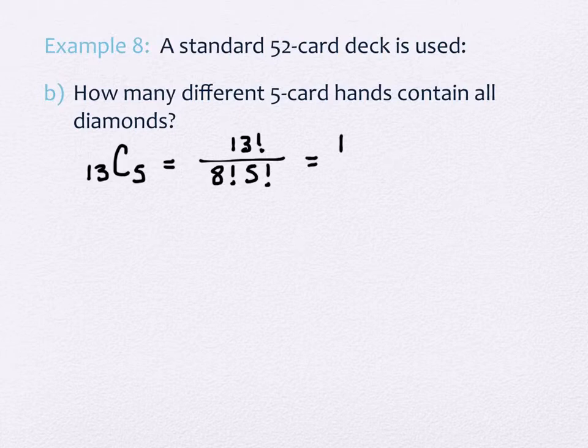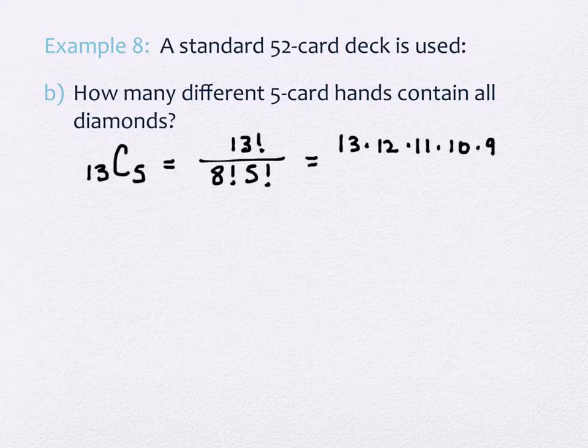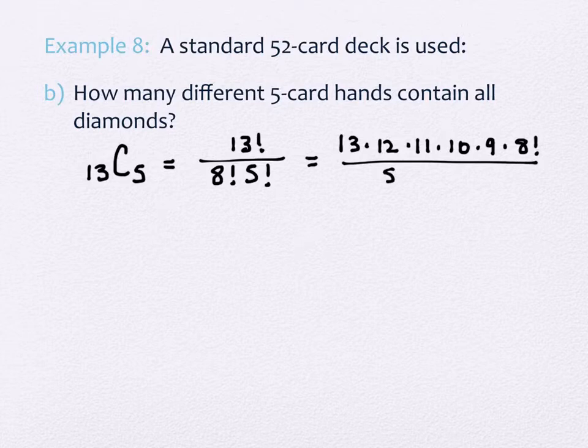So I'm going to write out 13 times 12 times 11 times 10 times 9 times 8 factorial over 8 factorial times 5 times 4 times 3 times 2 times 1.